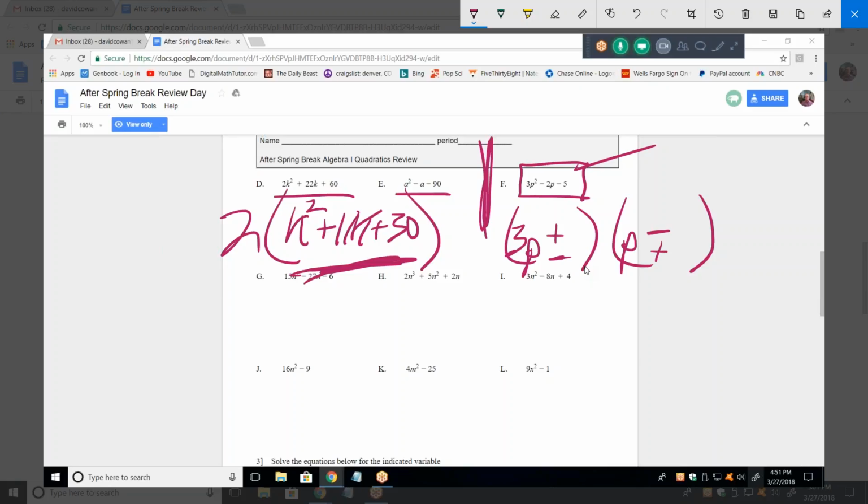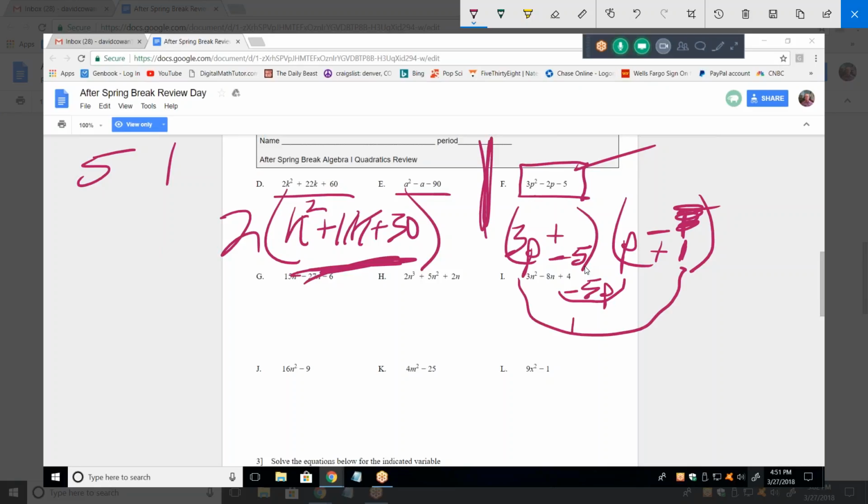Now I am looking for factors of 5. There's only one set of factors of 5, 5 and 1. So I don't have a whole lot of choice as to how I'm going to proceed here, but it turns out that if I make that 5 and that 1, that works. In other words, this becomes a trial and error process. That is minus 5p, right?